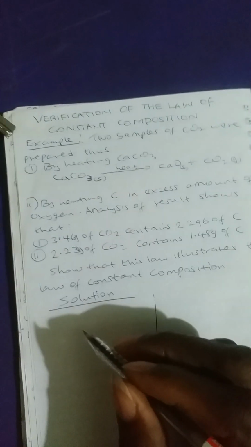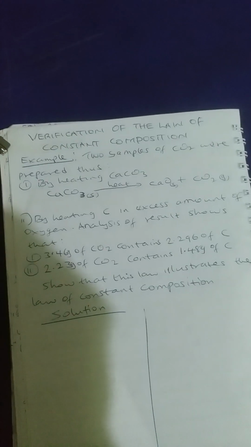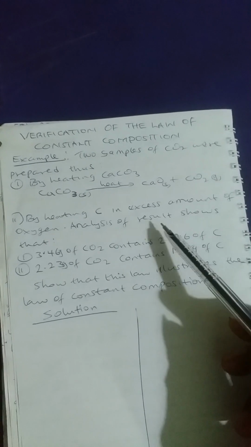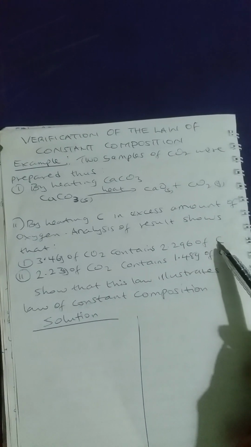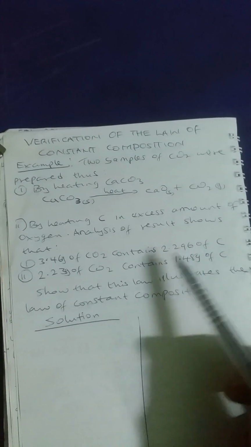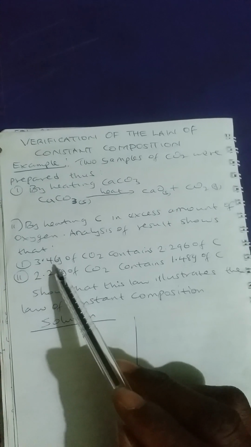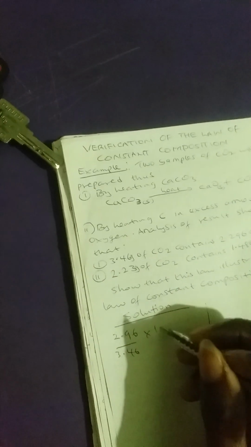Now let us see if it is true. How do you prove that? Let us find out the percentage of carbon in the first one. To find that, you say mass of carbon over mass of CO2 times 100 over 1. So we have 2.96 divided by 3.46 times 100 over 1.